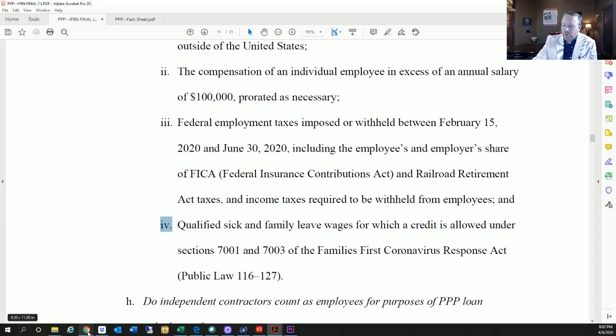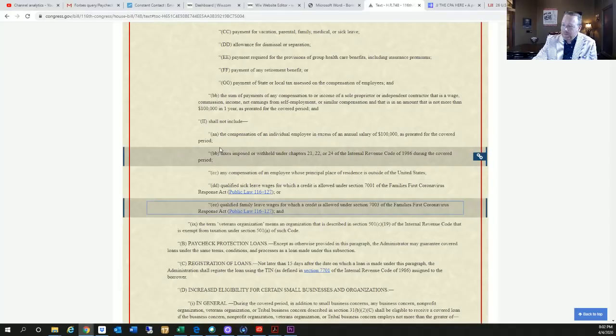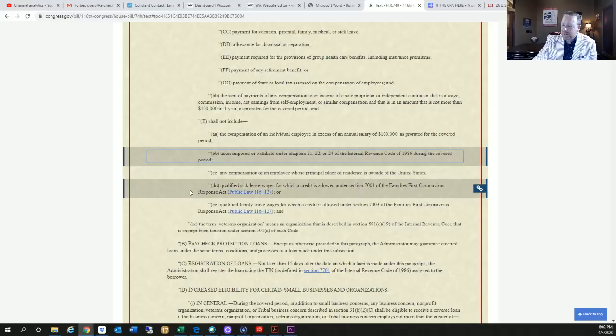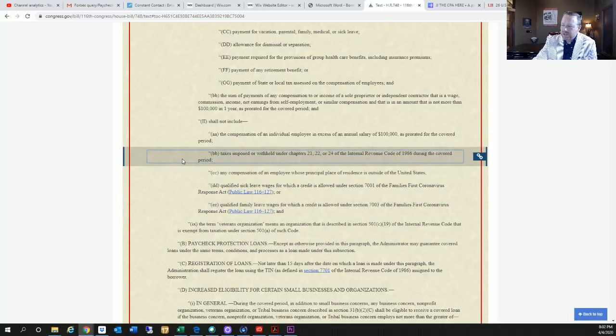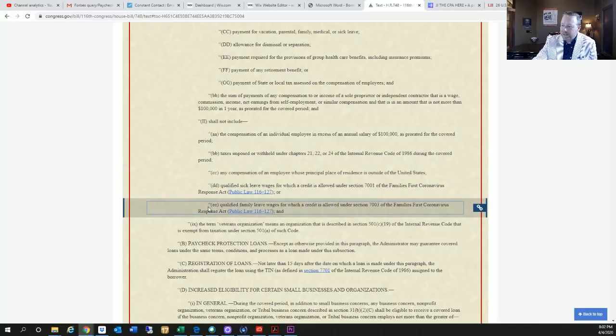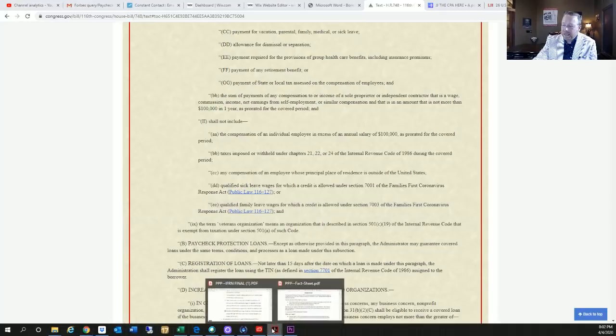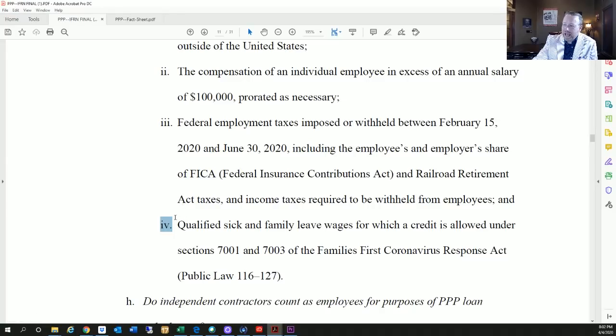Now I know when we go to the law, we go, okay, well, but JJ, look, we have this, and we have this, and we have this. Well, it's talking about taxes imposed and withheld under this chapter in which there were credits taken. So in my opinion, if we just didn't have this, we'd be reading this all as one paragraph.